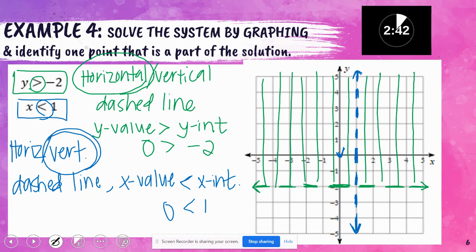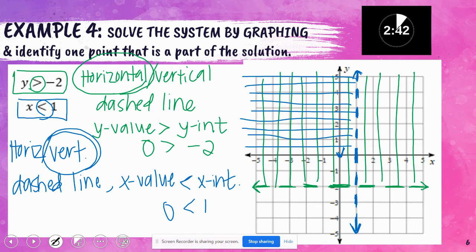So we're going to shade towards that value. This is going to be shading on the left. And now we can see that over here, we're starting to get lines that intersect. And that is part of our solution space.